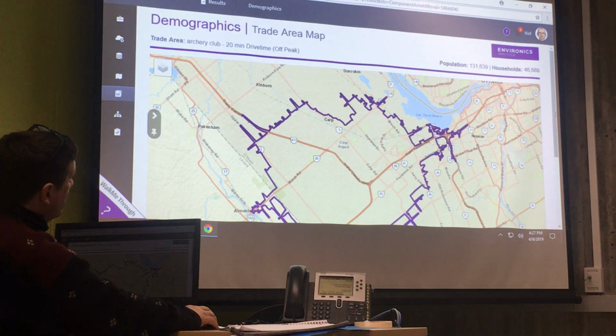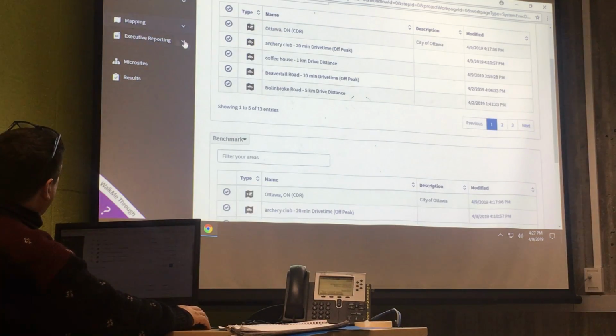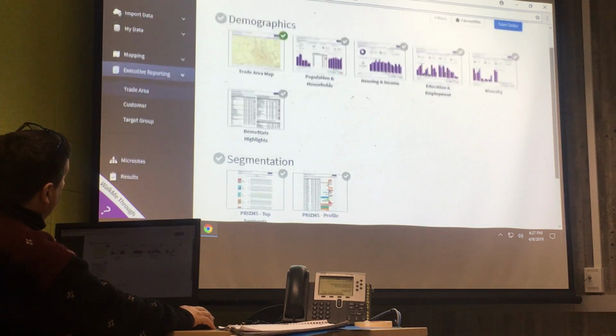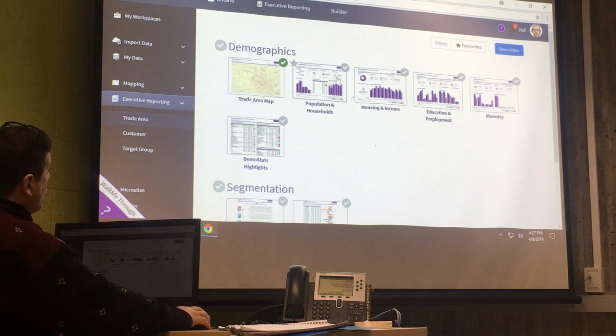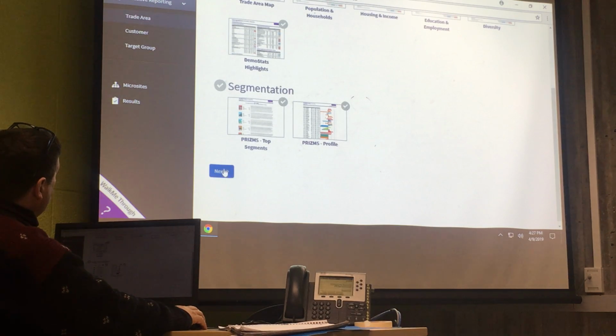And there's a trade area map. So that was under executive reporting, that was the trade area map. If you want an executive report for just the population in the households, you would choose this one here.